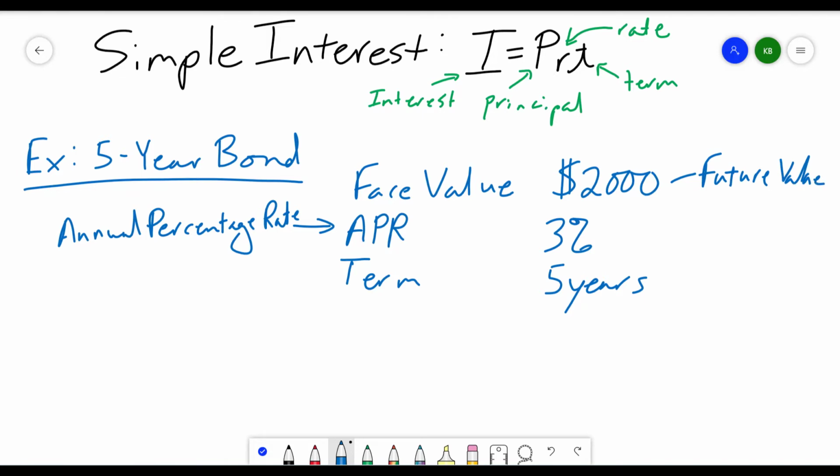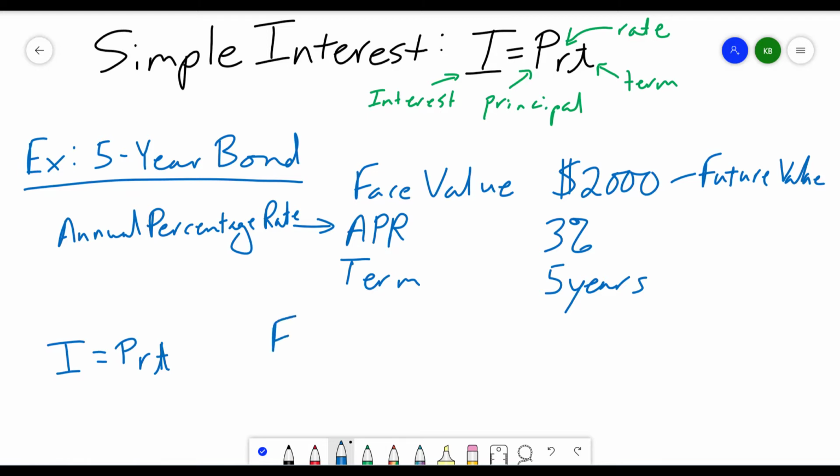So notice with my simple interest formula, I had I equals PRT. Now, I was interest, and the interest was being found with the principal, the rate, and the time. But this wasn't going to tell me what the future value was. It's just telling me the interest.